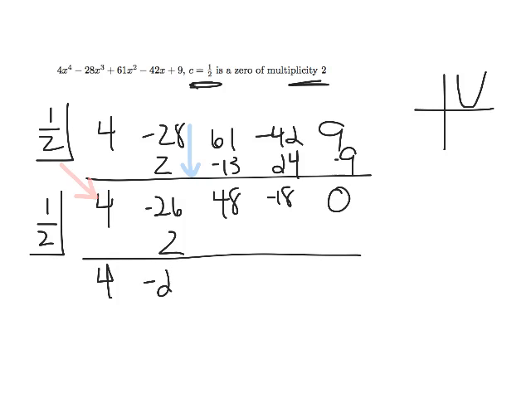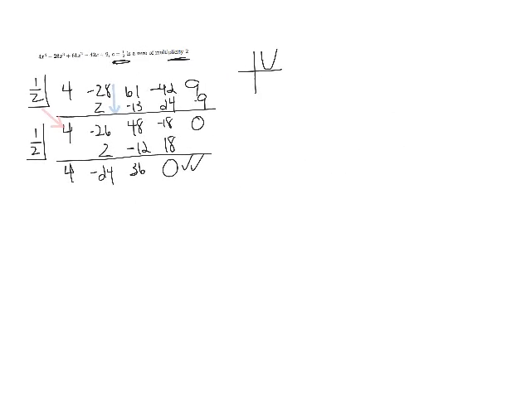I get a negative 24 here. When I do 1/2 times a negative 24, I will get a negative 12. When I add vertically, I get a positive 36. When I do 1/2 of 36, I get a positive 18. And then I get a lovely 0. Again, totally expecting that. So I'm going to shrink so I have some more space.